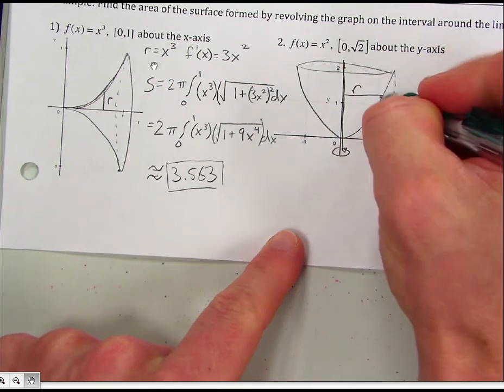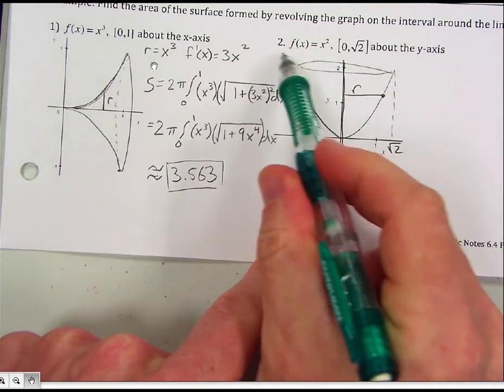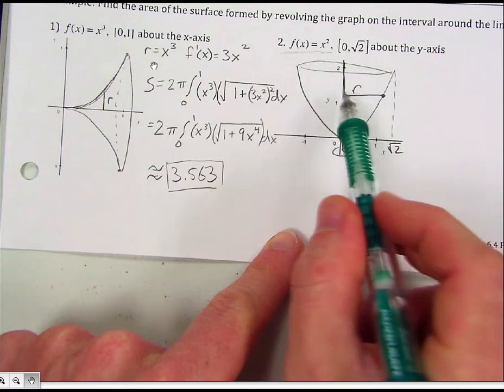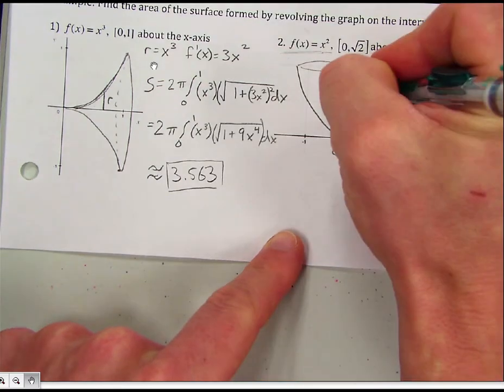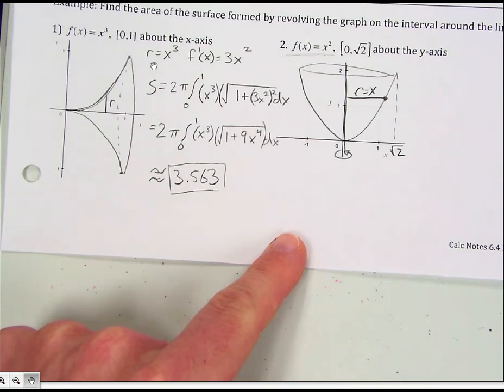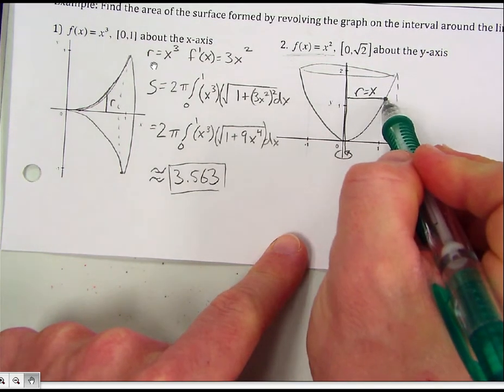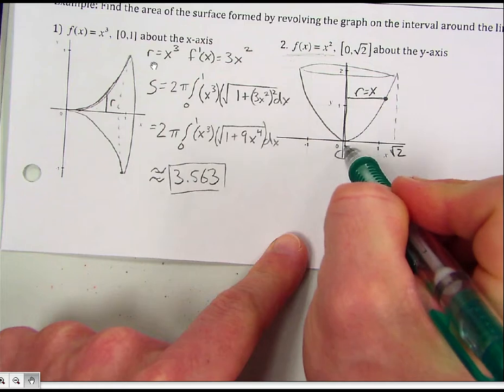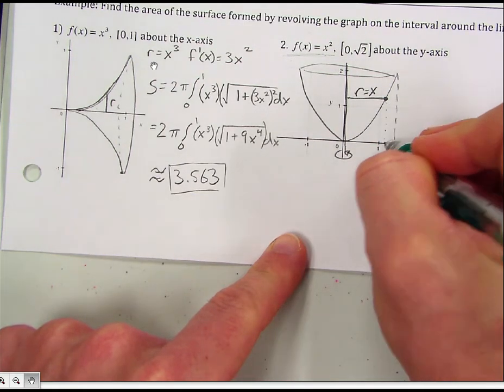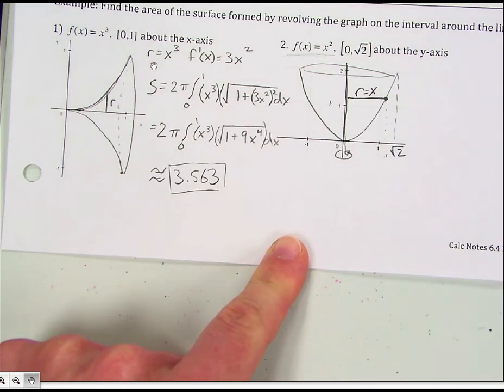Okay. Now because we're going to find our arc length using a function of x, our radius here is just going to equal x. All right, does everybody see how this length is x at every point along that curve? Because if you trace it down, it corresponds with x, so the radius is x.